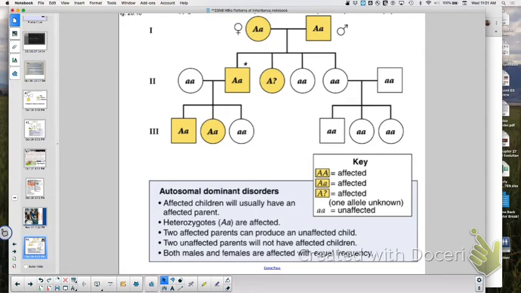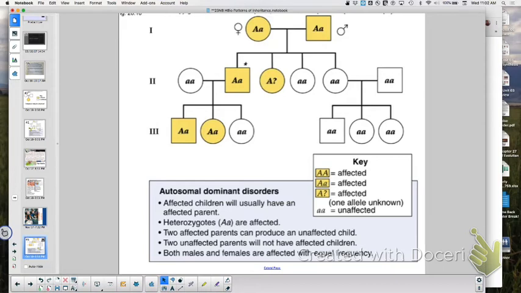If you look at being autistic, there is a wide range of autism. You could be on the spectrum yourself in here, okay? And you're just kind of touching it, but then there's all the way to the other extreme of autism. So there's a wide range of where you could be on that. So that would be expressivity, how that trait is expressed. Okay, so that's why it says usually has a parent who has the disease.